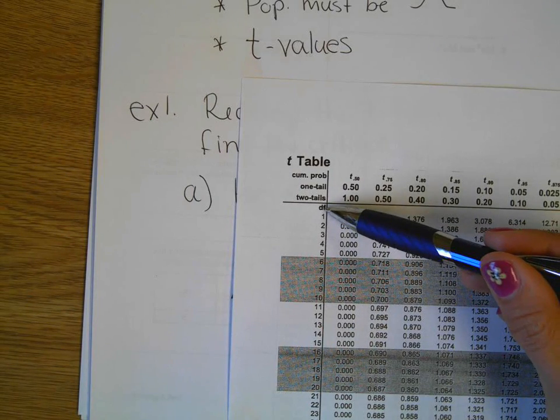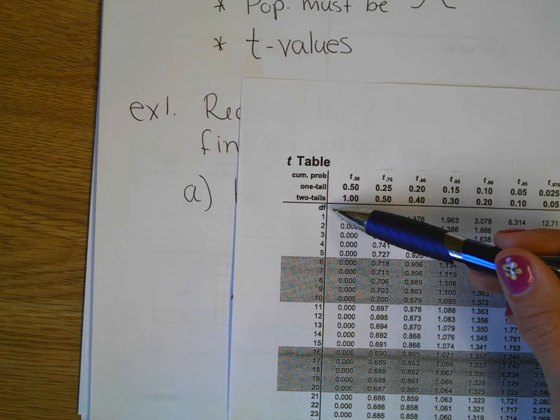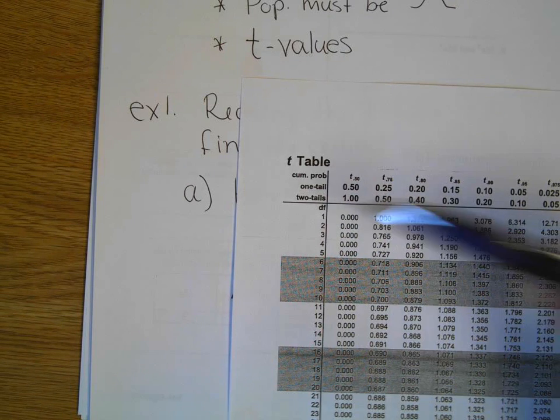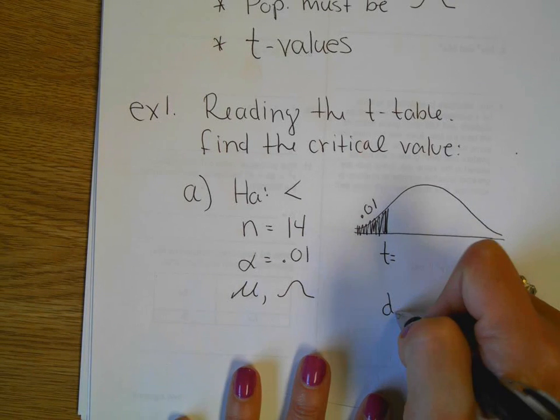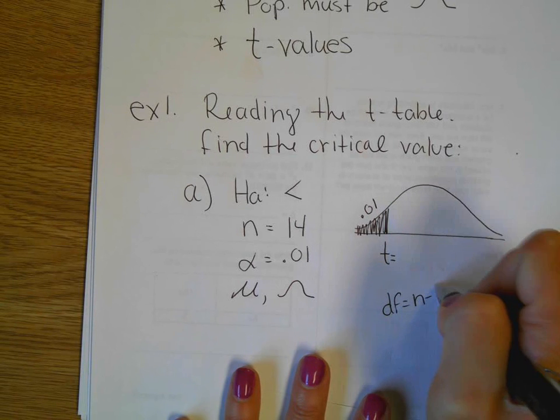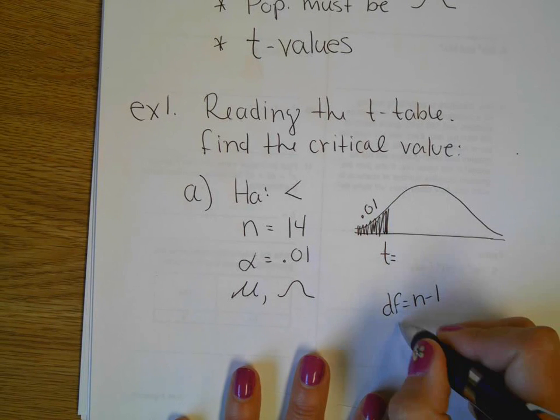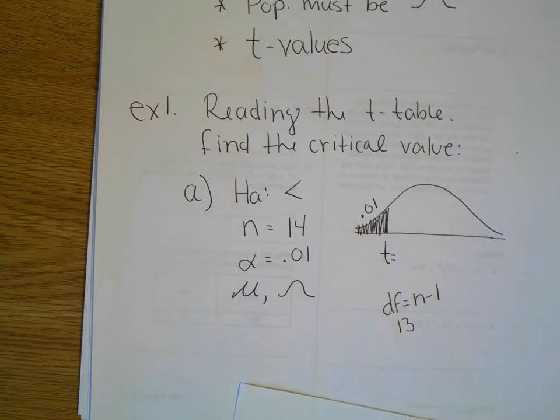Okay, if you look on the left here, what is the heading for this column? Degrees of freedom again. So how do we get degrees of freedom just from last chapter? N-1. So df is still N-1. So we are going down to 13 degrees of freedom.